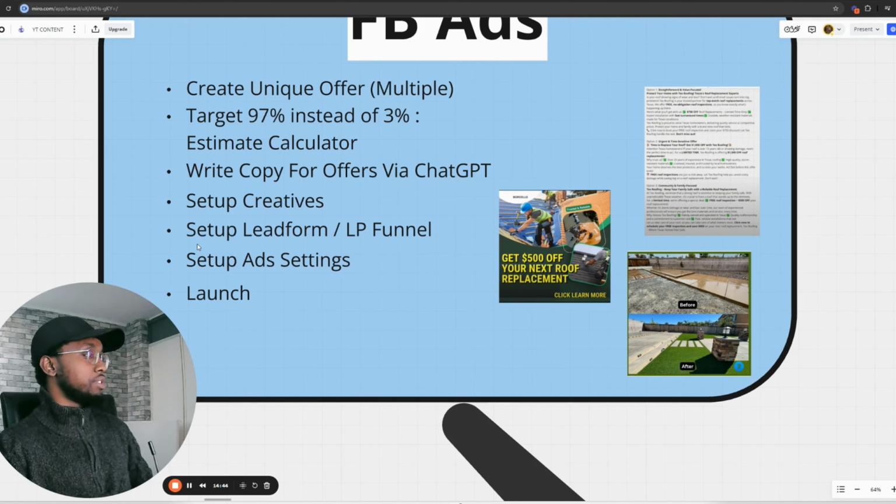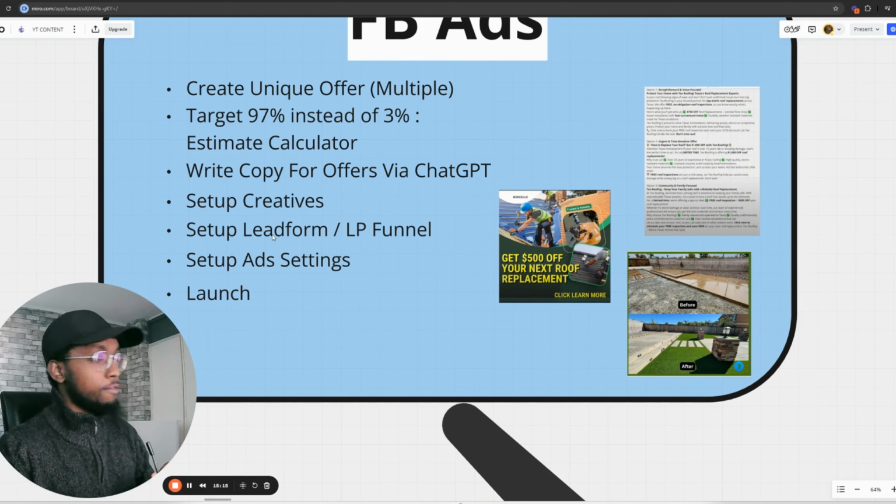After that, you're going to set up lead forms or a landing page funnel. That means that after people see your ad and press learn more, they are either going to see the Facebook ad lead form. By the way, I should first mention that lead forms generally tend to give you far more leads than a landing page funnel. But unfortunately, because of that high quantity of leads, they are not going to have the right quality.